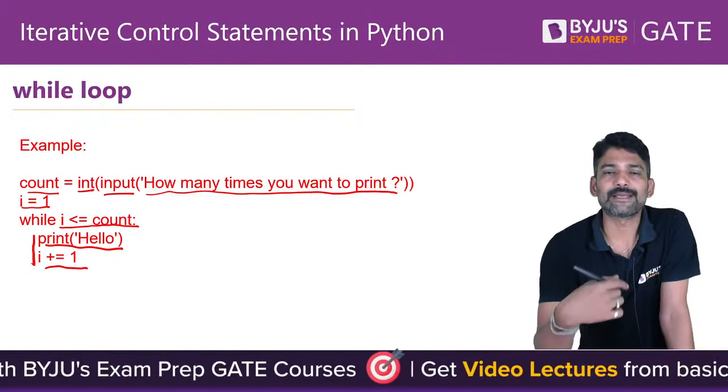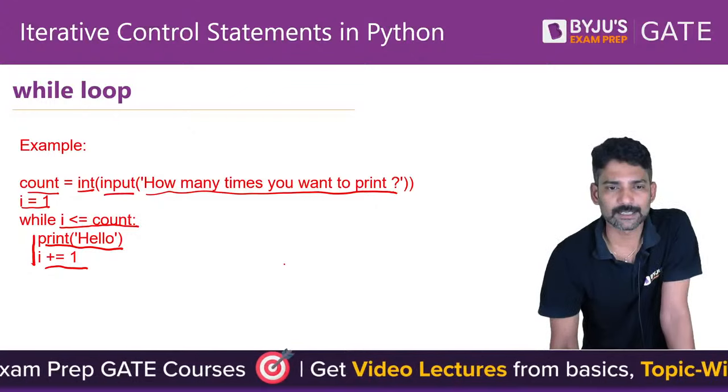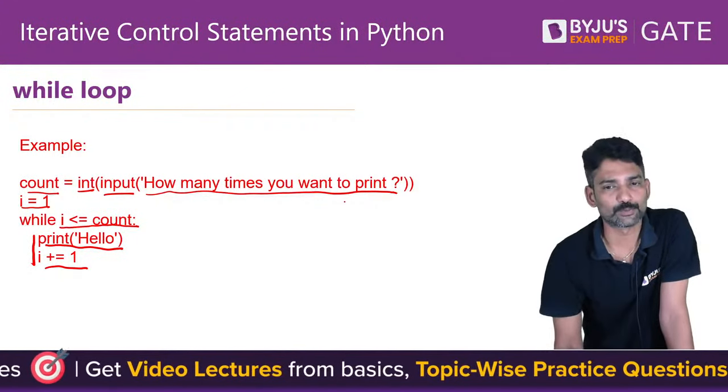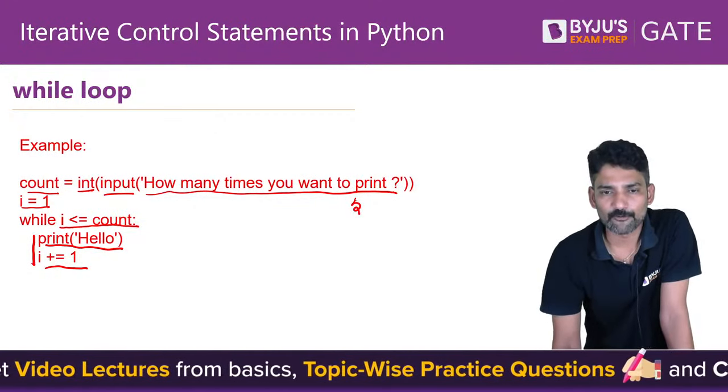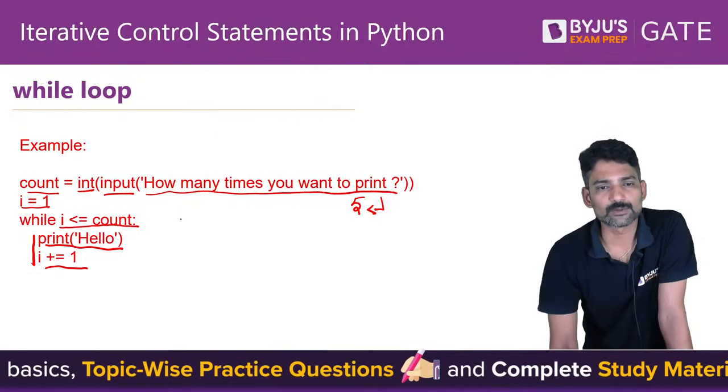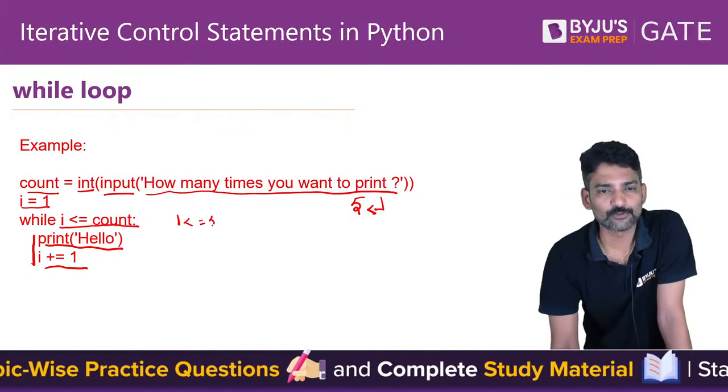Suppose whenever I execute this, it asks how many times you want to print. Let's say I give 5 as my input. So now i is 1, 1 less than or equal to 5, true.